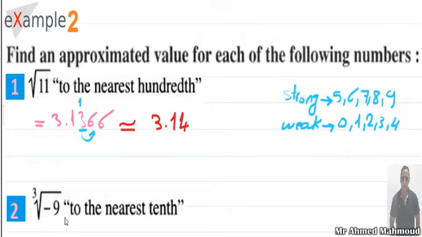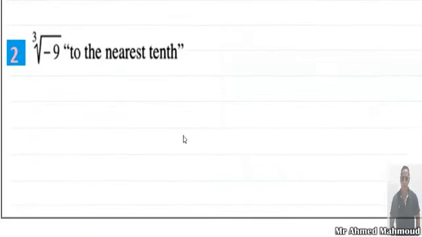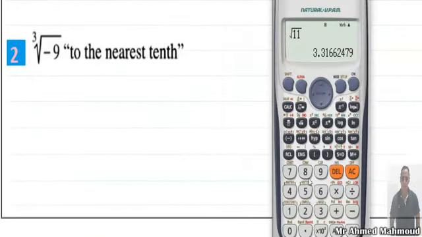Cubic root negative 9 to the nearest tenth. Cubic root negative 9, as we took in the calculator, is negative 2.0808, and so on.